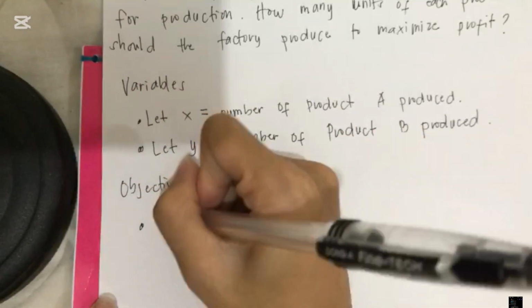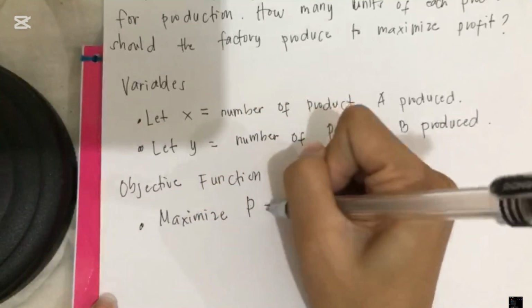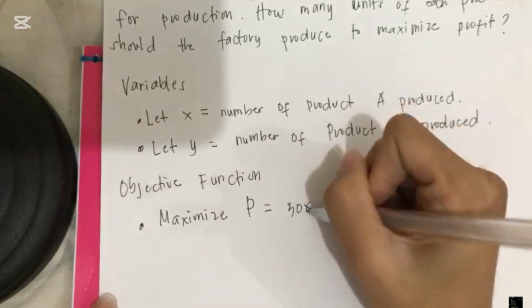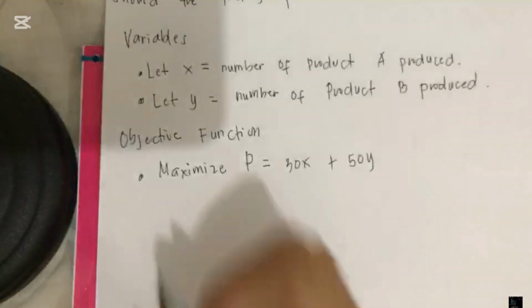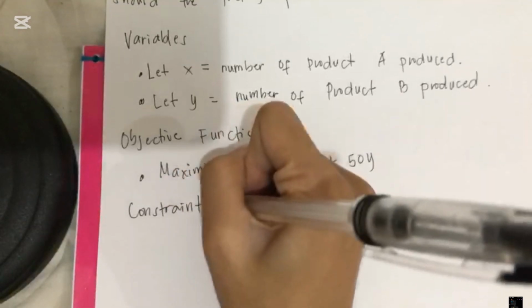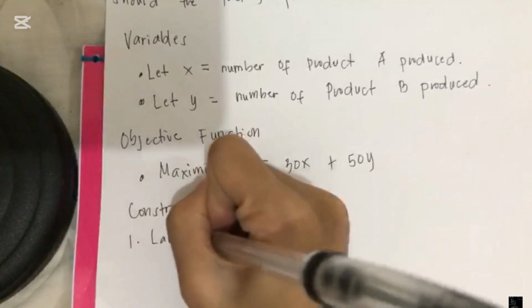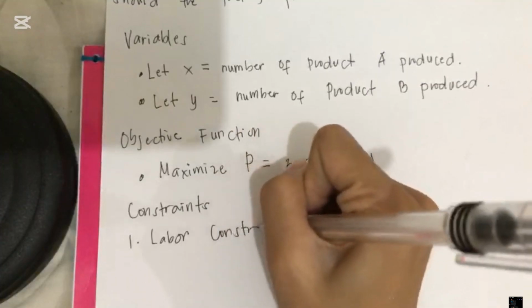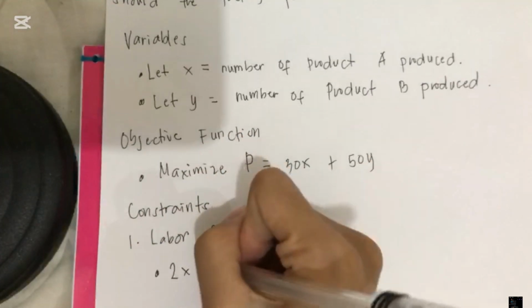This means that the total hours spent on both products cannot exceed 120 hours. We also have non-negativity constraints. X greater than or equal to 0, we cannot produce a negative number of product A. Y greater than or equal to 0, similarly for product B.